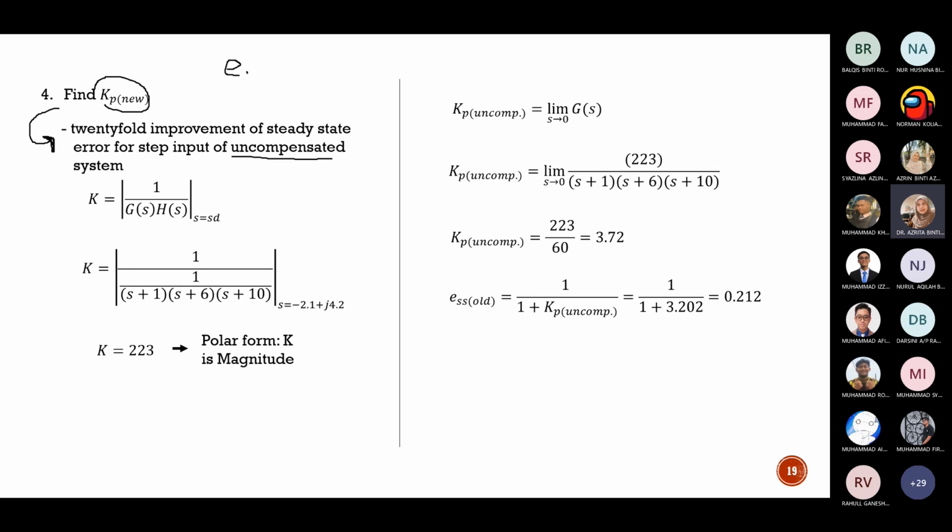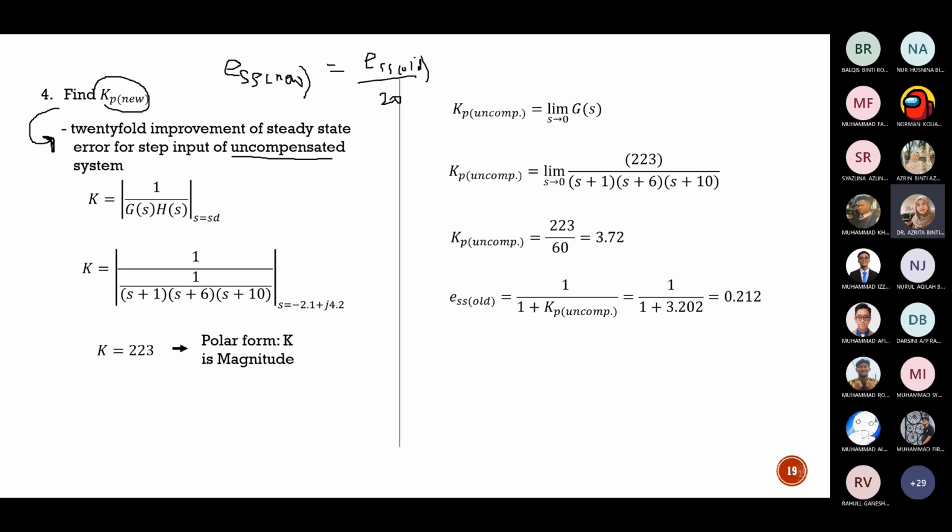So that's why we will write the mathematical equation as ESS new equal to ESS old divided by 20.